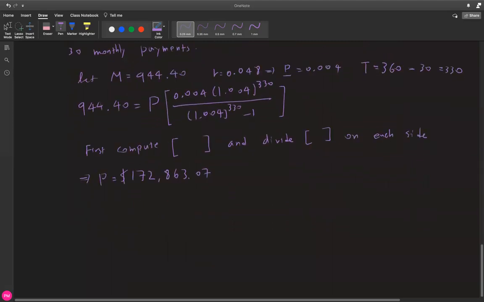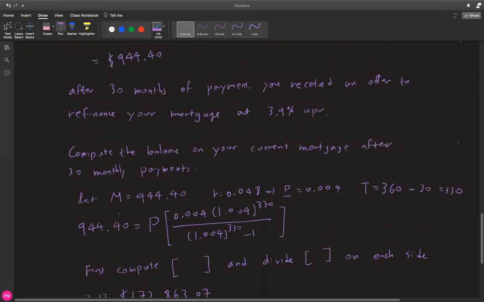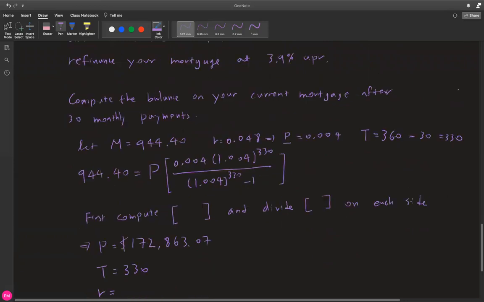So refinancing in this case, knowing that the balance that we still owe is $172,863, and we also know that we still have 330 months to pay off, and the new APR is given as 3.9%.